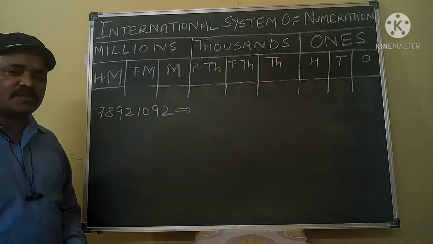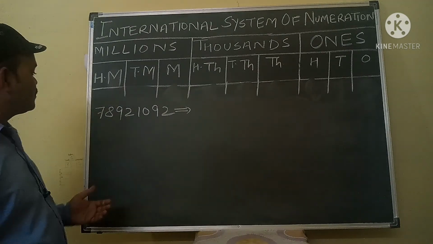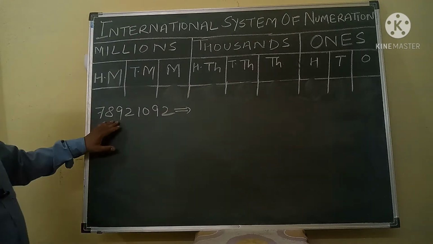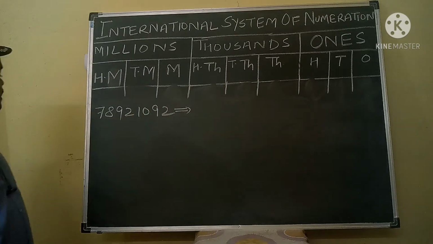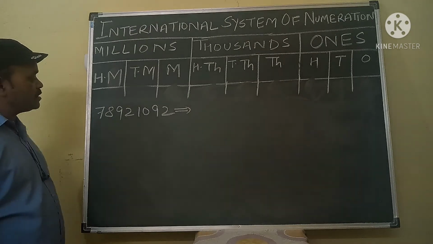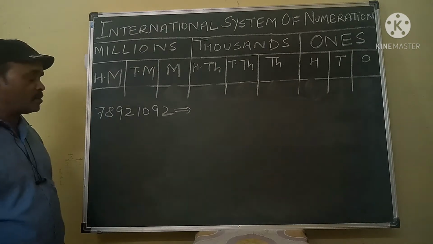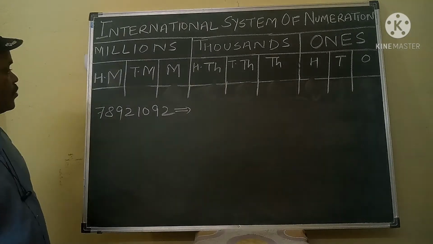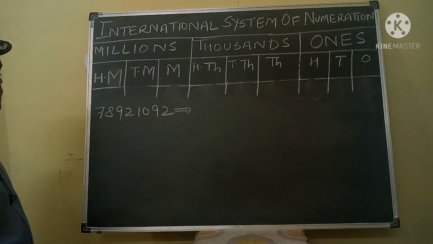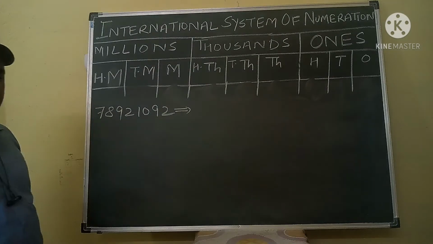Again, my dear students, you have one more number, 7,892,192. How can you read and write this number? Okay, so what will you do? Now look here. What is your first step?